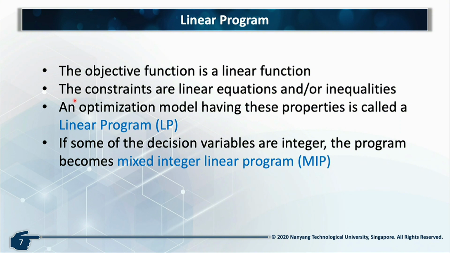It cannot be 2.2, 2.3, right? So if some of the decision variables are required to be integer variables, but all the rest of the constraints are linear, and the objective function is still linear, then this corresponding optimization is defined as a mixed integer linear program.